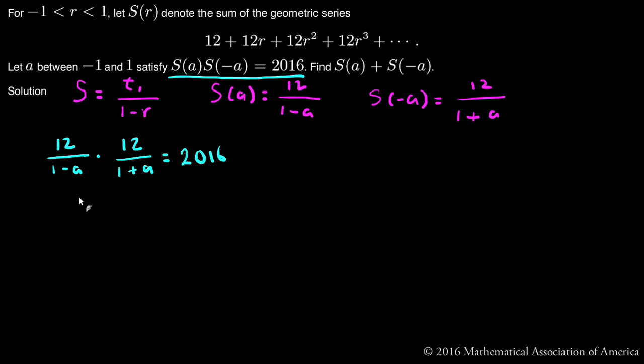And multiply that through, and I got 144 over 1 minus A squared equals 2016.